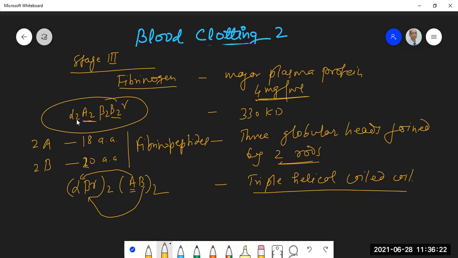There are two alpha subunits and attached to them are A fibrinopeptides. There are two beta subunits, attached to them are two B fibrinopeptides, and there are two gamma subunits. So A fibrinopeptide is 18 amino acids and B fibrinopeptide is 20 amino acids. Let me draw the structure for you so that you can understand it.